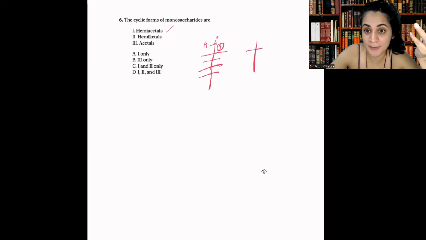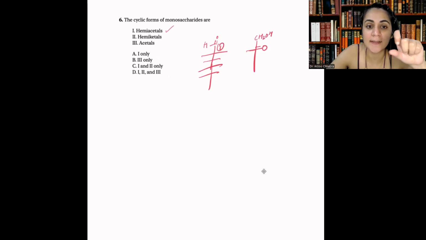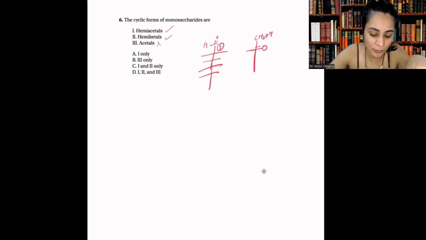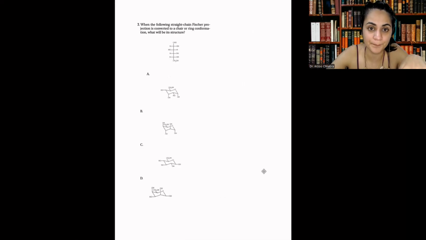However, if it is something like fructose, then the C double bond O, or the ketone, is present at the second carbon, and then we have a CH2OH here. In that case, when the cyclic form is formed, we form a hemiketal. However, acetal is never directly formed unless you add excess methanol in the presence of acid. That will give you acetal. So 1 and 2 only are the correct answers.